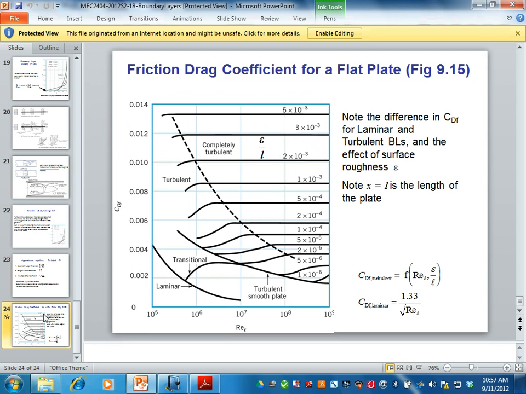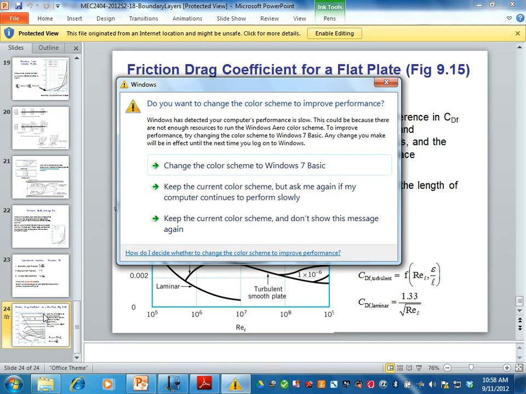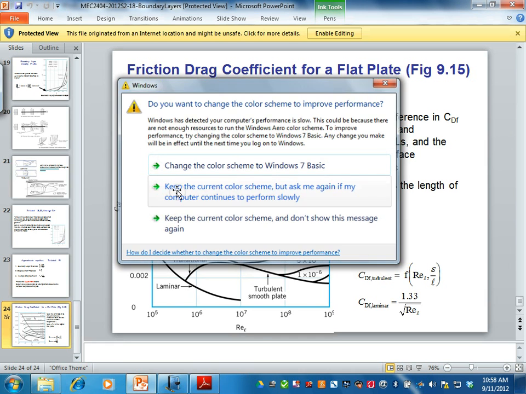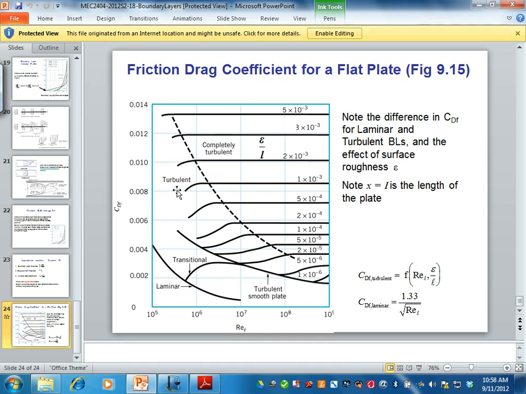You expect turbulent flow to be higher, so this is turbulent flow, the C_Df, for a smooth plate. But if your plate is not smooth, if it has roughness, like sandpaper, depending on the surface polishing, you can get higher values, and therefore your skin friction will be higher. So it does depend on the roughness. I'll reiterate these two things before we do some examples on Thursday. So I end here.